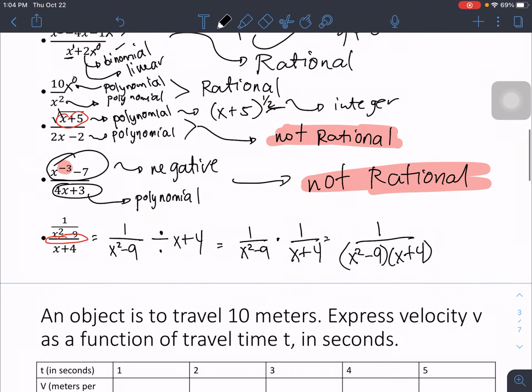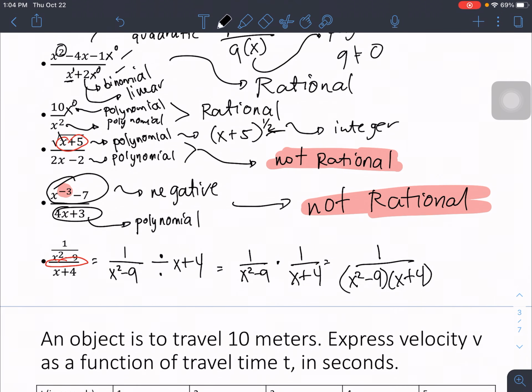So the exponents, okay, so the numerator is a polynomial, so the exponent of x is raised to 0. At the bottom, at the denominator, all the x's, when we extract this one, we will be having 1 over x cubed plus 4x squared minus 9x minus 36.